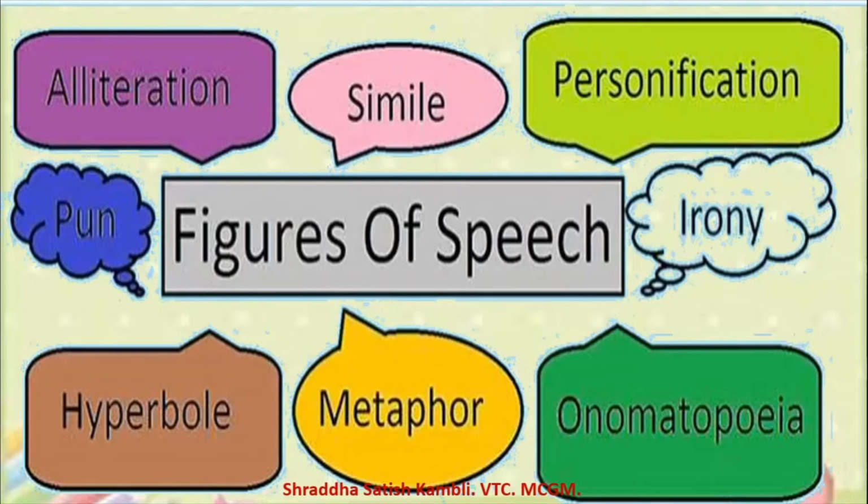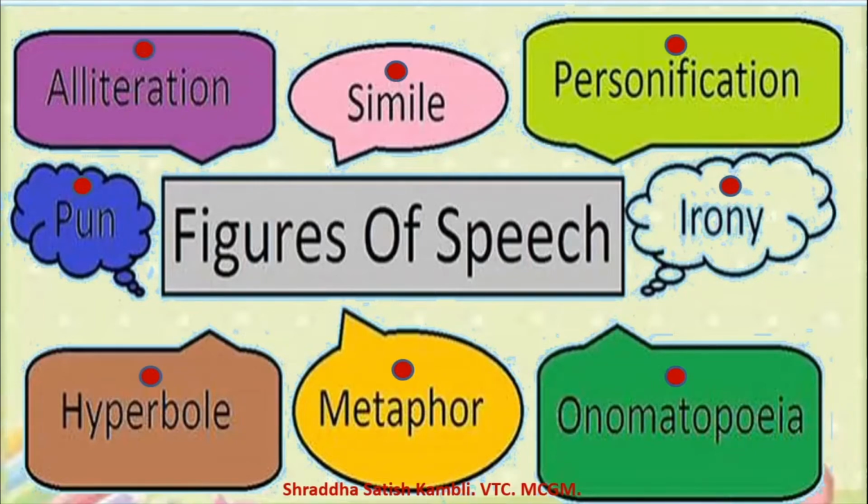So we have simile, then we have personification, we have irony, and I'm sure as I'm saying the names, you will be able to recall something or the other about all of these words, because we have been learning them in most of the poems that we have been doing since standard 8th. Then you have onomatopoeia, you have metaphor, you have hyperbole, pun, and alliteration.